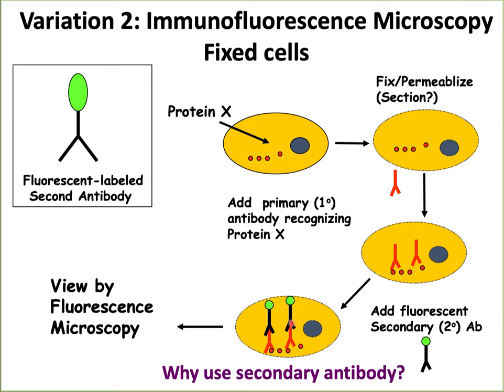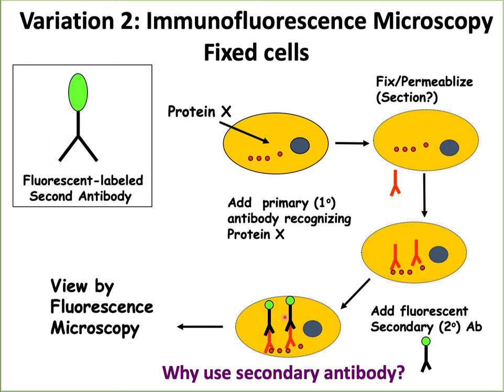In addition, fluorescent goat, mouse, and rabbit secondary antibodies are commercially available. These are called anti-goat, anti-mouse, and anti-rabbit. For example, the antibody we just talked about is raised in the rabbit, so the secondary antibody you need is an anti-rabbit antibody.